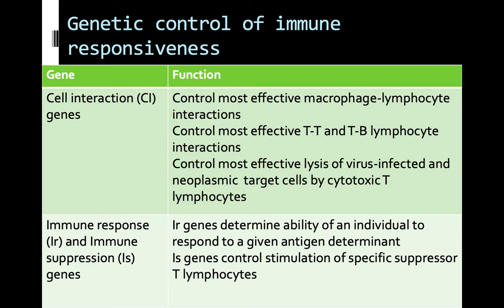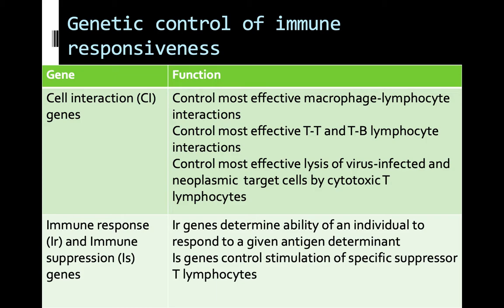Then for immune suppression and immune response genes: immune response genes have the function of determining the ability of the individual to respond to a given antigenic determinant. Because they are genetic, not all people will have the same level of immune response.